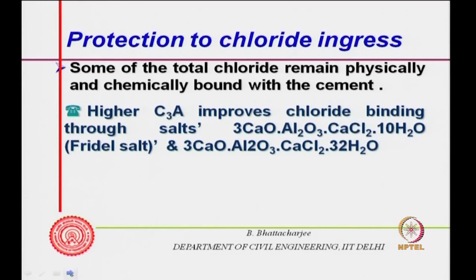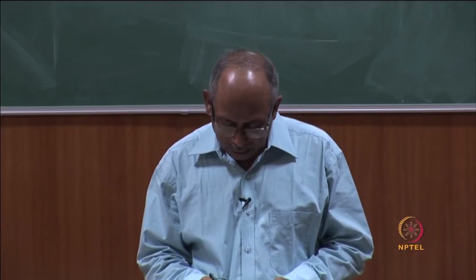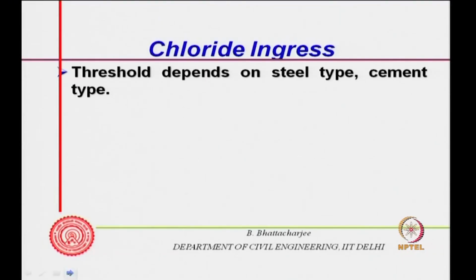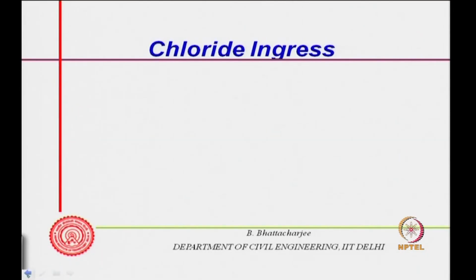I think we'll close here and start on protection. Some of the total chloride remains physically and chemically bound with cement, that is what we said. So, protection would be, as we have already seen, blended cement performs better. Protection would mean impervious concrete.